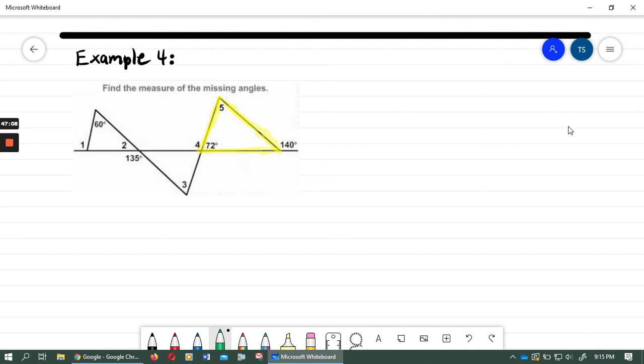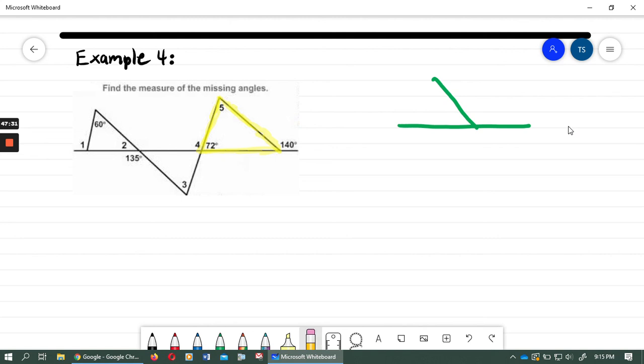All right, if we're going to focus on this triangle, let's look at that straight line at the bottom of that triangle. And guys, I told you that there's more than one concept in these problems.